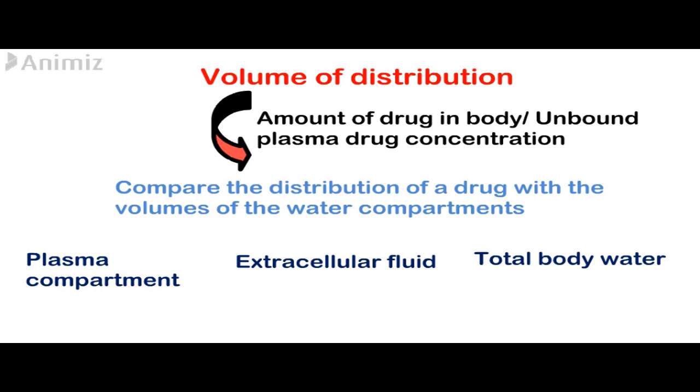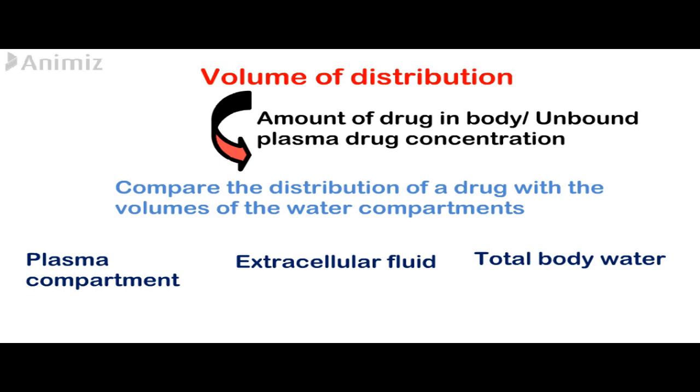Our body is made up of several theoretical compartments, which are the extracellular part, the intercellular fluid part, and also the plasma. So if a drug has a very low molecular weight and it is also hydrophobic, it can be distributed to the total body water including the intercellular volume.